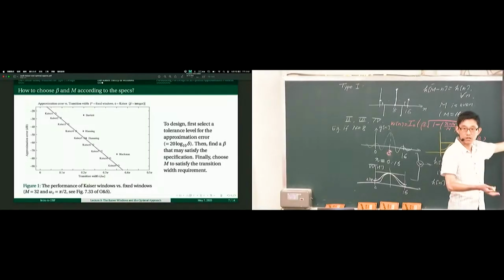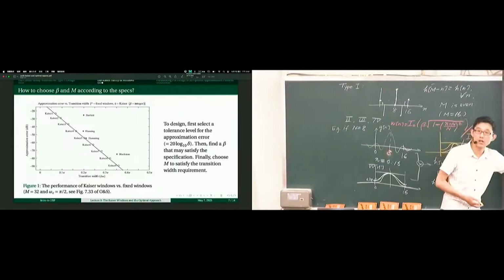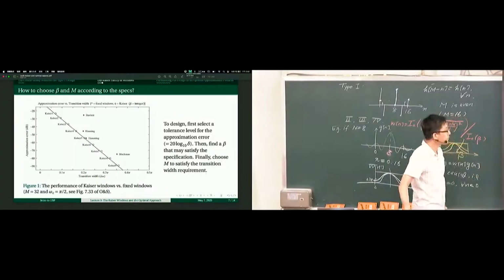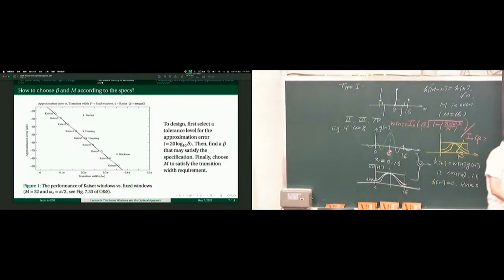It could be fractional. So let's say beta is approximately 4.3. That's seriously the way I would choose beta, because now we understand this is almost a straight line. It's pretty easy. So do you all get that?